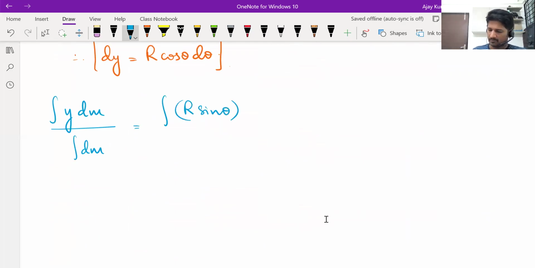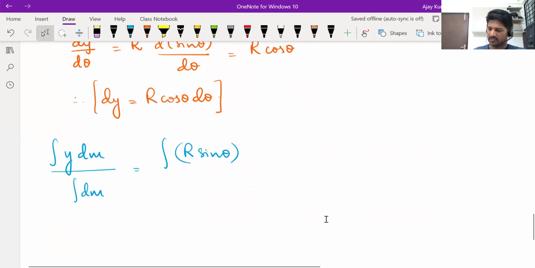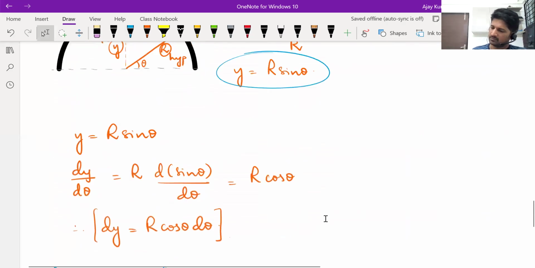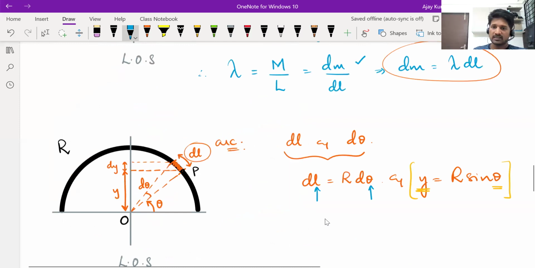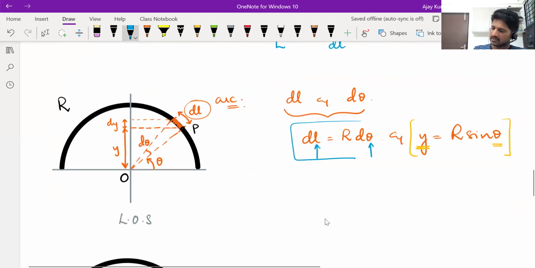And what about dm? dm is nothing but the mass of the element. We know dm is equal to lambda dl. That is generally true for any linear mass distribution. We got dl as r d theta. We will make use of that now.